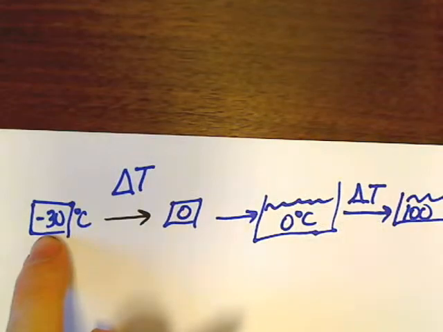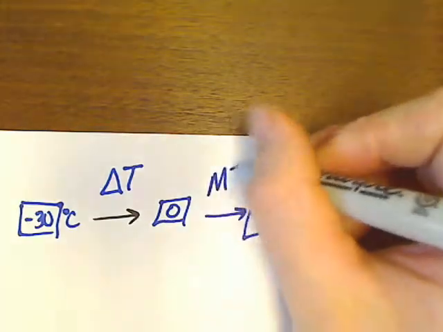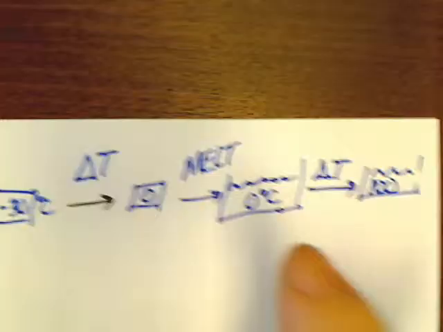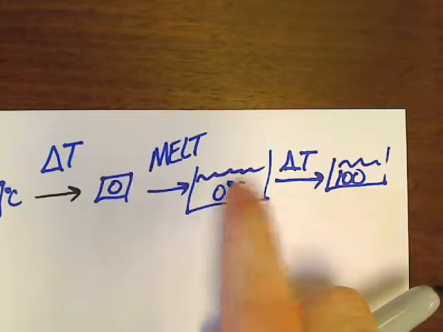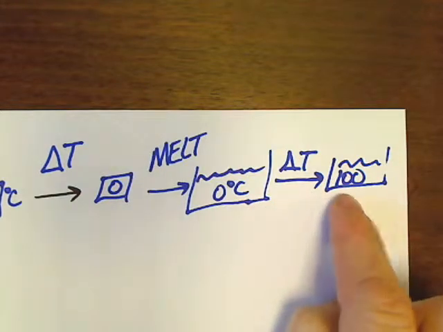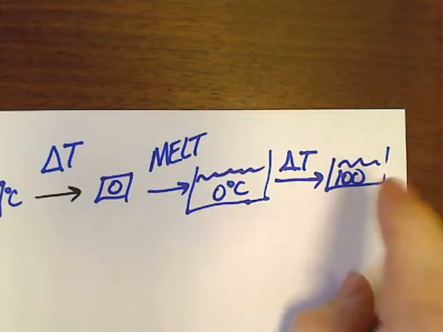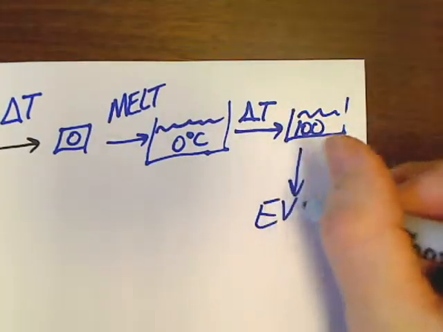So if you start with an ice cube at negative 30, you've got to heat it up to 0. Once you're at 0, you may begin to melt. And then once you've melted it, now look at what you're doing. It's like starting over again. You're at 0, so what have you got to do? You've got to start heating up the water till it gets to 100. Once you get the water heated to 100 degrees, you can then start to vaporize the water.